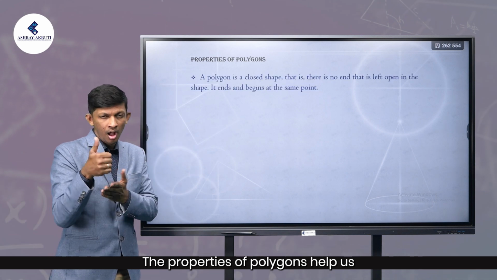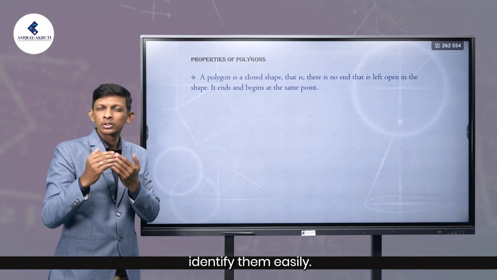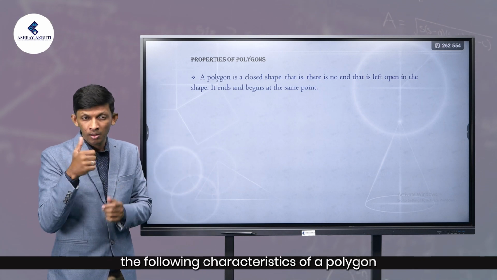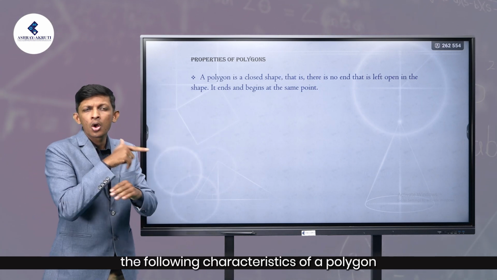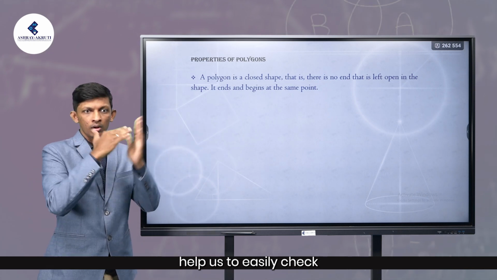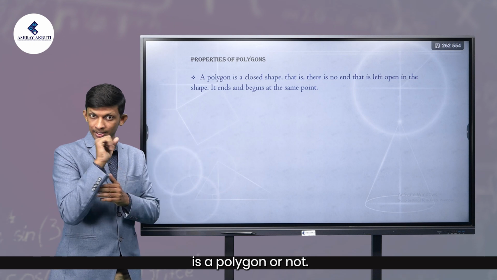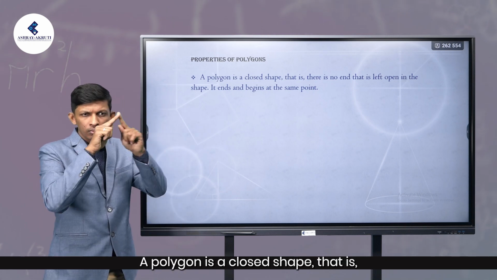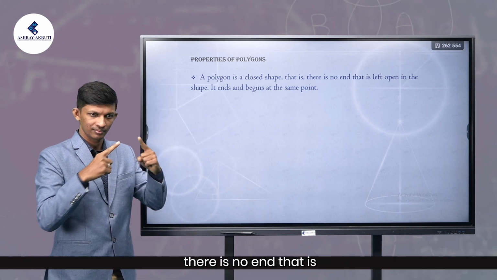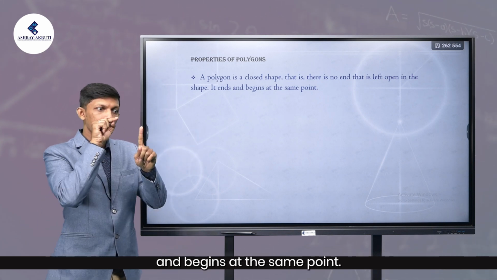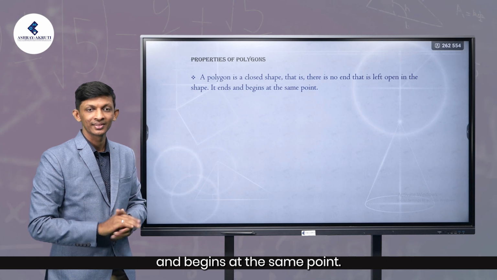The properties of polygons help us identify them easily. In other words, the following characteristics of a polygon help us to easily check whether a given shape is a polygon or not. A polygon is a closed shape, that is, there is no end that is left open in the shape. It ends and begins at the same point.